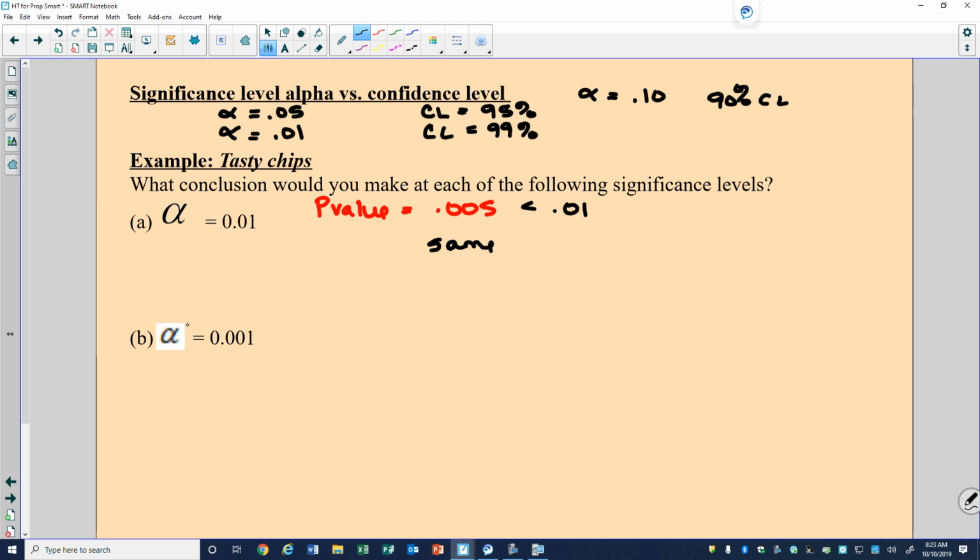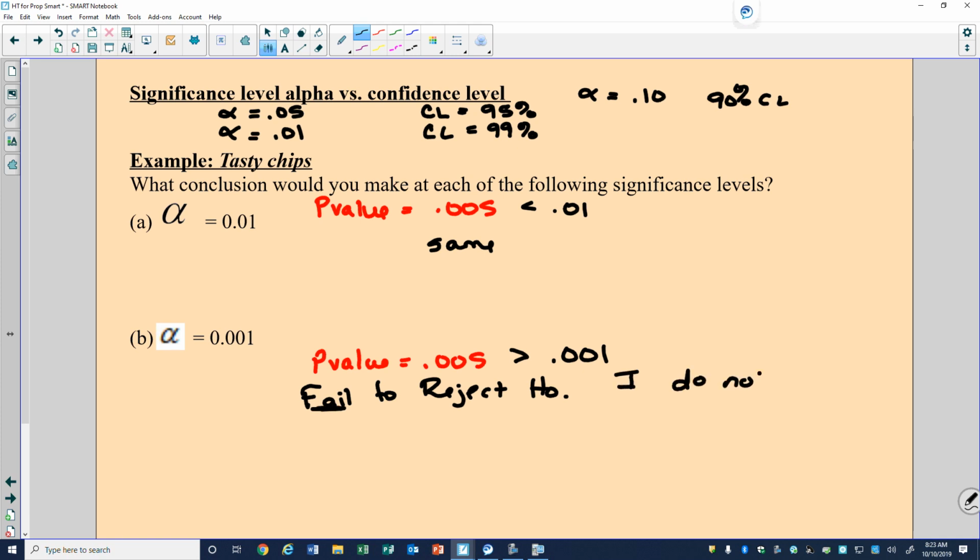However, if I set that alpha level to be 0.001, that p-value now, which was 0.005, is greater than 0.001. So in this case, I would have failed to reject the null hypothesis. And since that's negative, I do not have evidence of a preference.